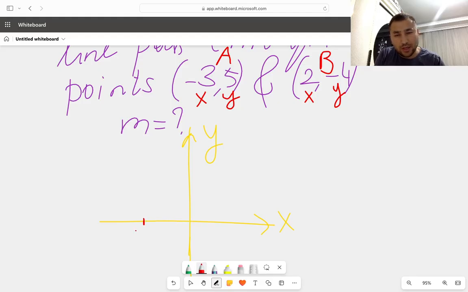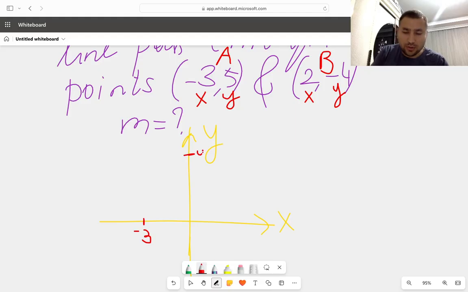Let's say this is -3 on x, and you need to find y, 5. This is the y-axis, and this is y equals 0. You go down for negative, but 5 is positive, so you need to go up. 0, 1, 2, 3, 4, 5. It's around here.